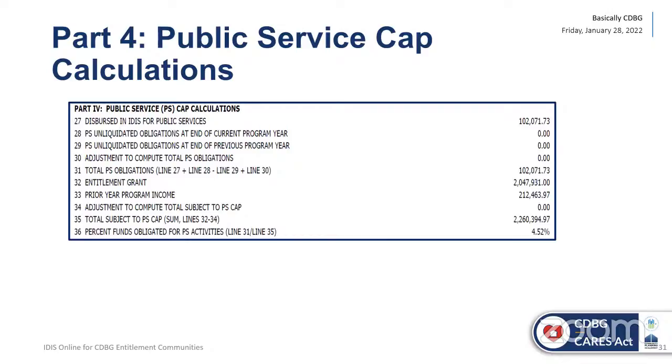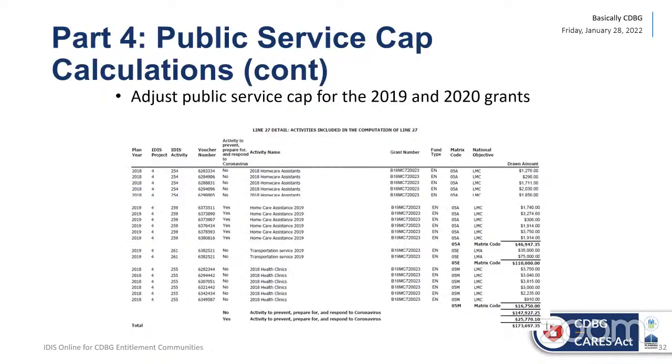One thing we want to show you is that this is the detail page that follows the report. And so line 27 is your public services detail. And because of the CARES Act and everything, you are allowed to use your regular CDBG funds in response to coronavirus.